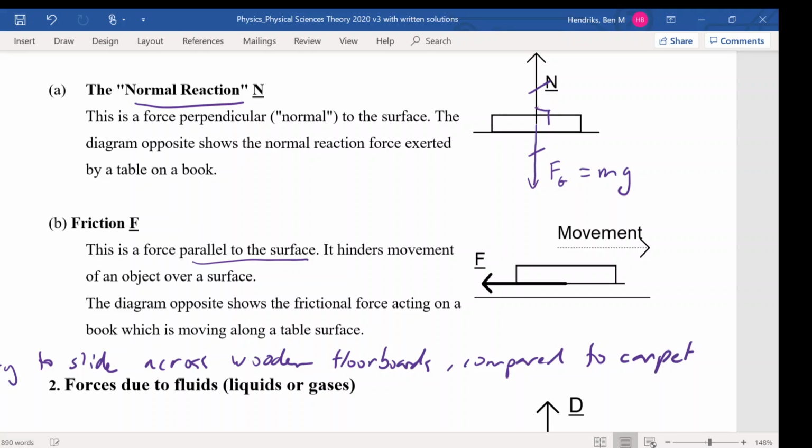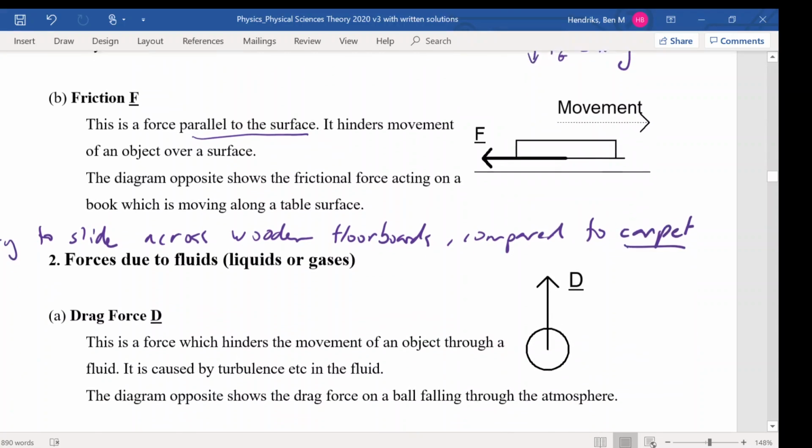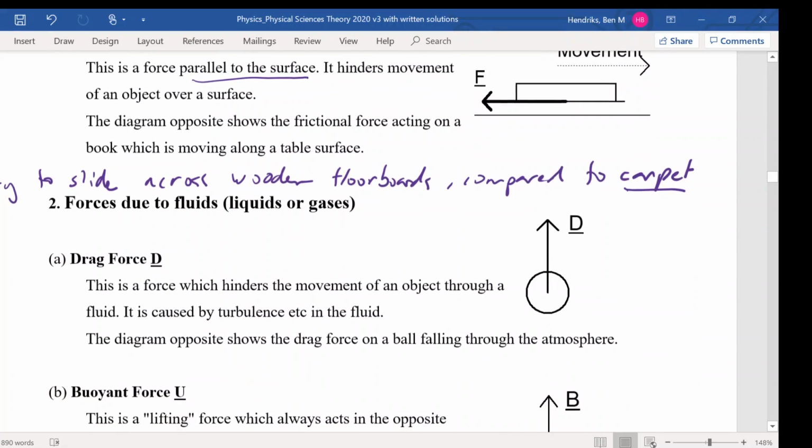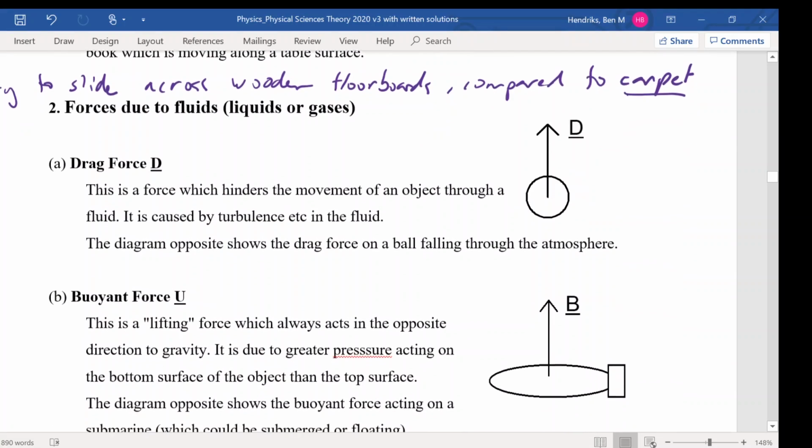You know that if you're just wearing socks, it'd be easier to slide across a wooden floorboard than it is to slide across carpet. And that's because there's more frictional force between your socks and the carpet compared to socks and the wooden floorboard. So you probably know all about friction.